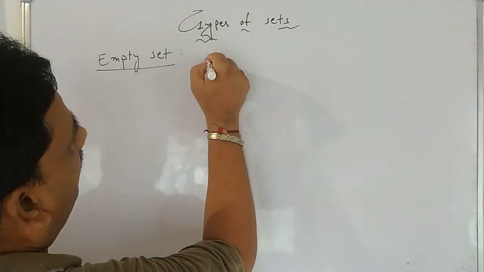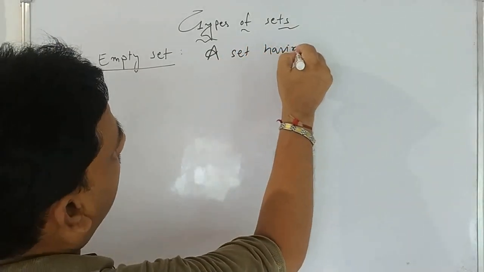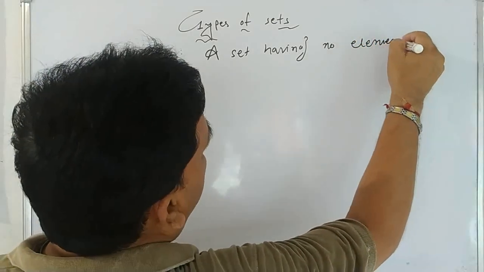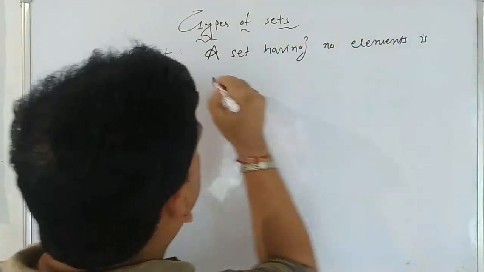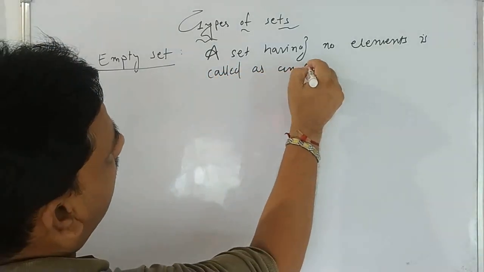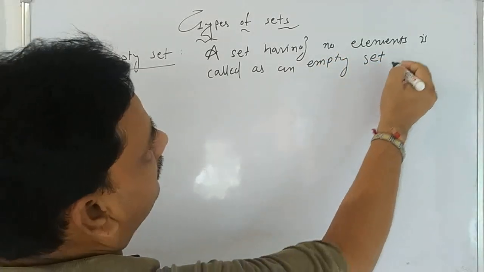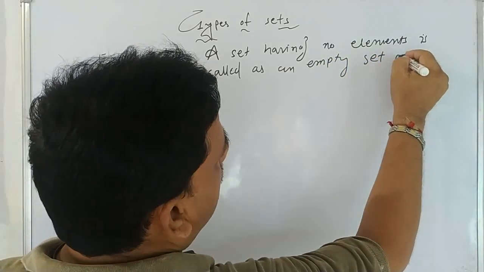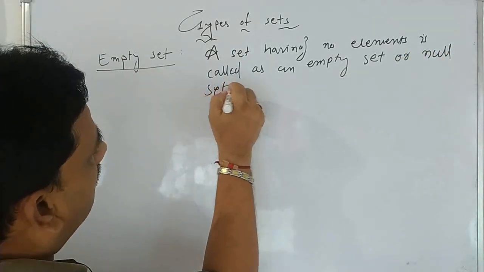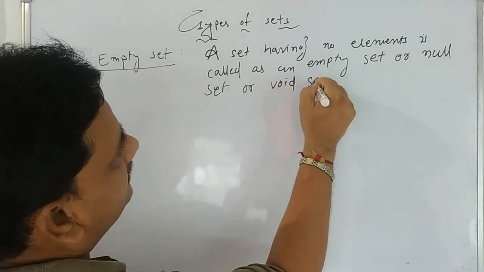A set having no elements is called an empty set, or it is also called a null set, or it is also called a void set.